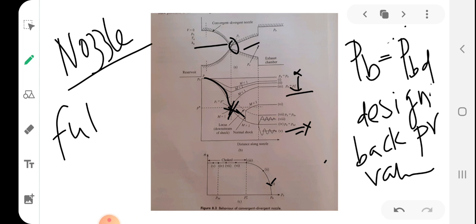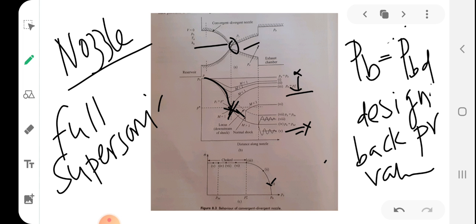So in order to achieve full supersonic flow, we have to reduce the back pressure to a very low value called PBD, the design back pressure value. Thus the back pressures PB star and PBD are both associated with choked isentropic flow.